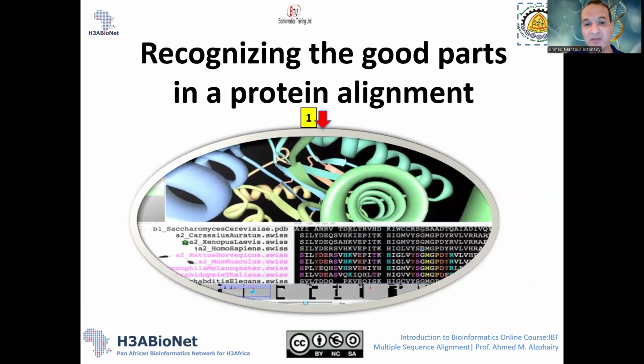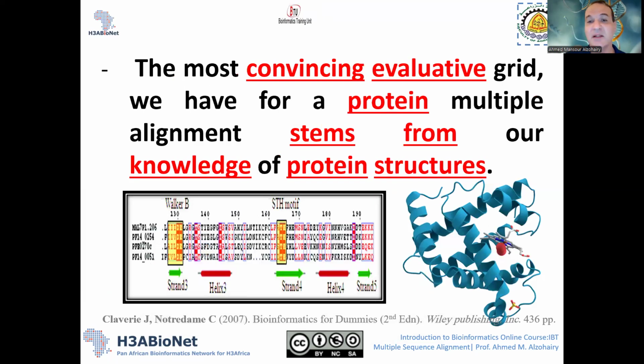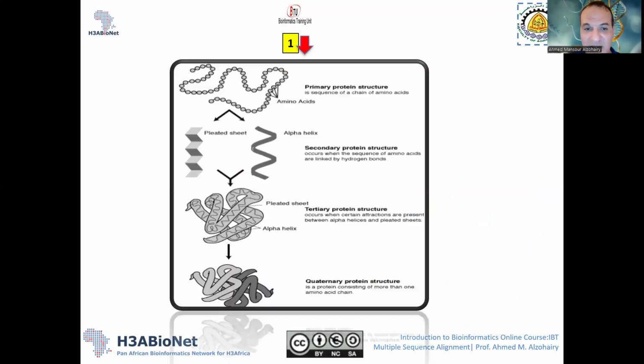Recognizing the good parts, of course, in protein alignment, the most convincing evaluating grid we have for a protein multiple sequence alignment stems from our knowledge of protein structure. Based on that knowledge, we have to understand what tells us the best parts of the multiple sequence alignment.